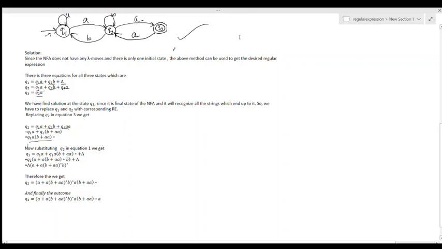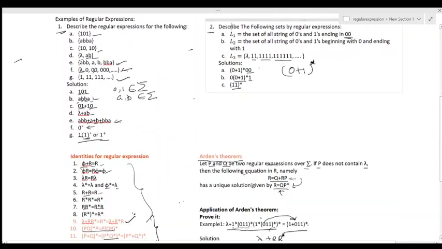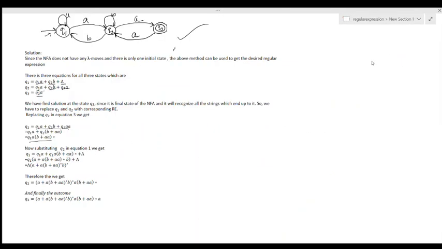If anyone forgets what Arden's theorem is, it states that if R equals Q plus RP, then the solution for this equation is R equals QP star. We have used this theorem to get the result.